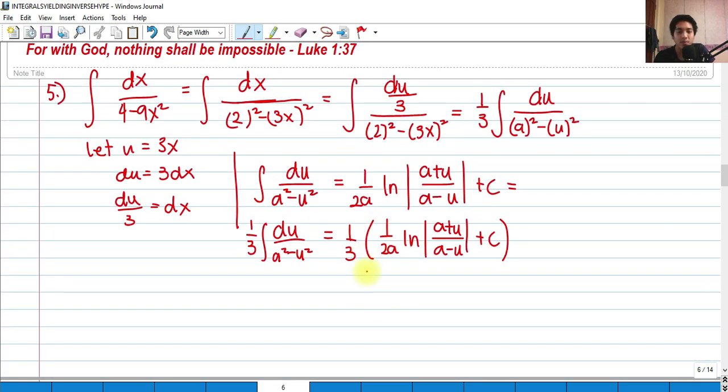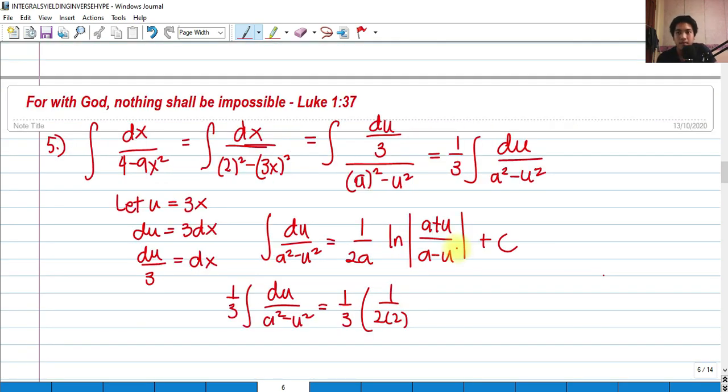So again, we need to identify the values of a and u. The value of our a here is 2. This is the a, and this is the u. So our value of a is 2. So we have 1/3, we have 1 over 2 times 2, ln of the absolute value of a plus u.